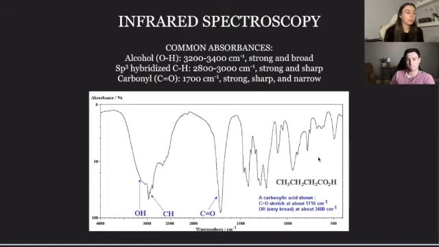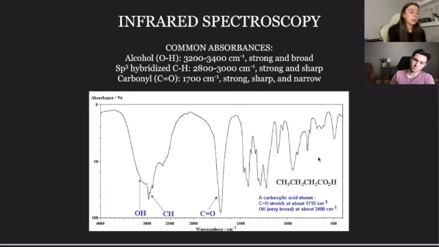One more thing, if you're not familiar with IR at all, then this graph might be confusing to you. I do want to point out that these graphs look different for every single molecule that you run an IR spec on. The whole reason you're running an IR spec is that if you have an unknown compound, you run it through IR spec and you can get an idea of what kind of functional groups you have on your compound.